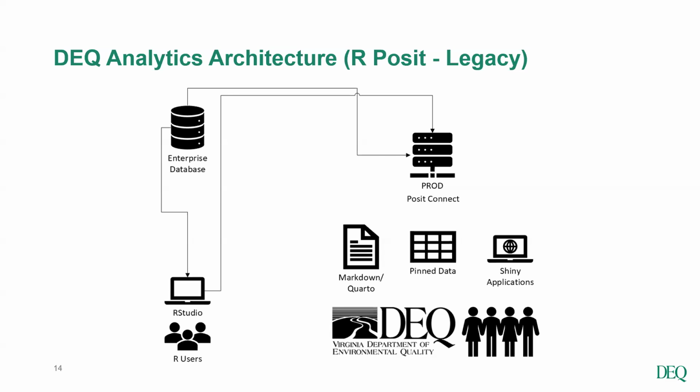We have always used Posit Connect to host Shiny applications, Markdown and Quarto documents, and also pin data. Pin data being objects, data containers that we can host on the server to speed up rendering times for Shiny applications and increase data availability. But we have always used our Posit Connect instance to share Shiny applications and Markdown documents with the broader DEQ.